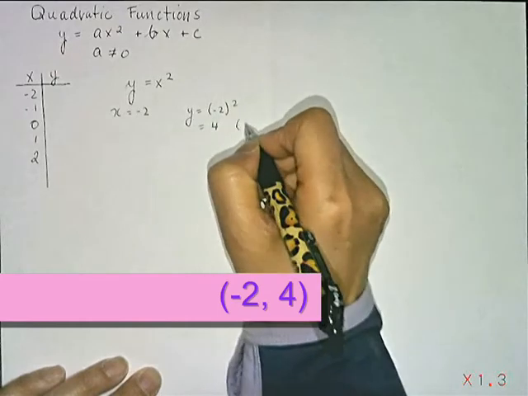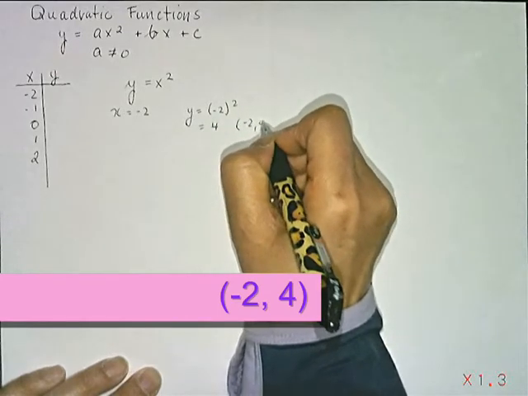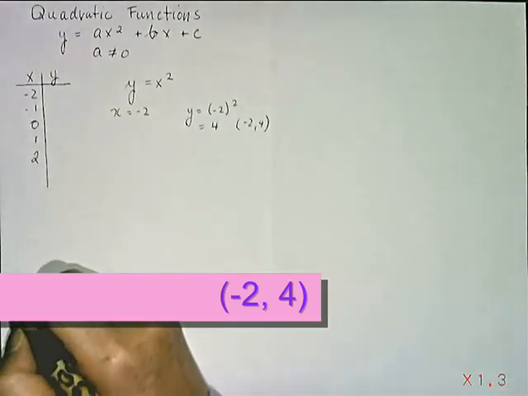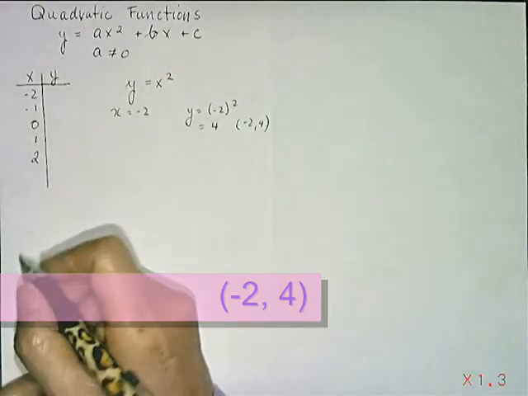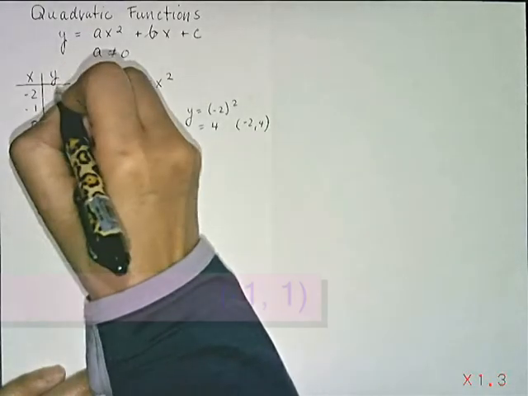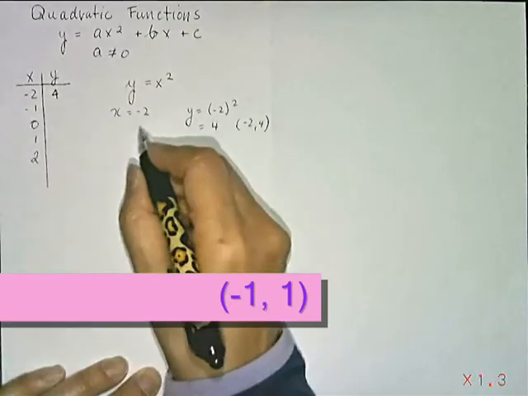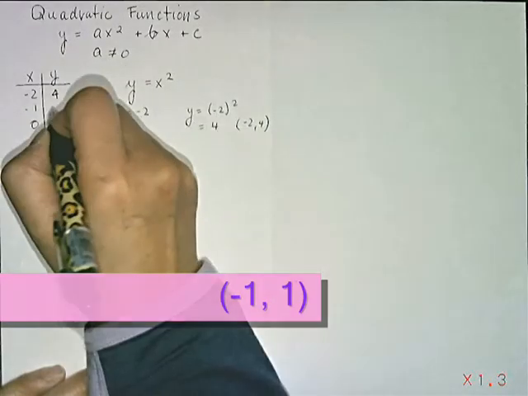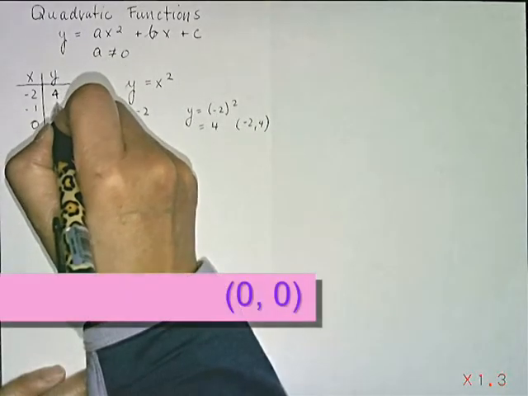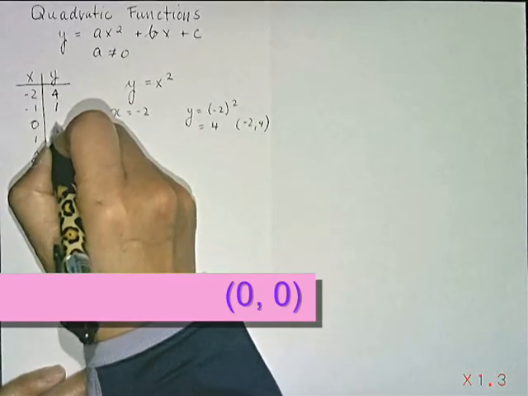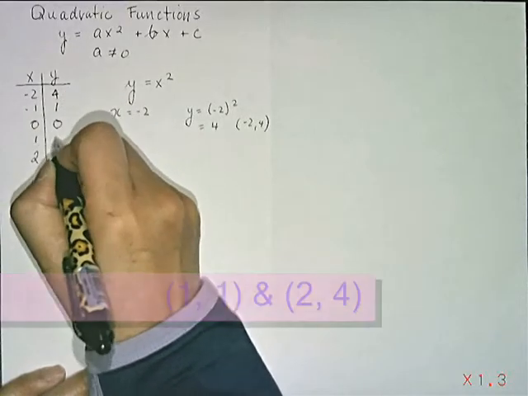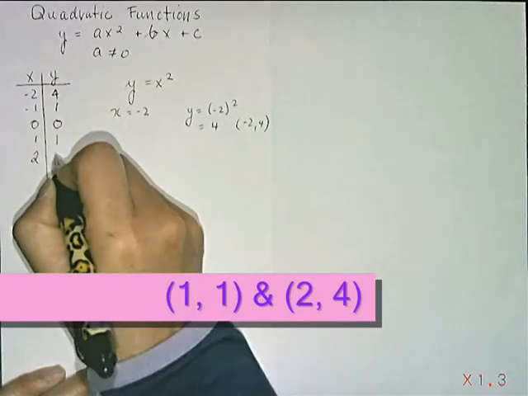So the point -2, 4 is on the graph of this relationship. Okay, so this is 4. If we square -1, -1 times -1 is 1. 0 times 0 is 0. 1 times 1 is 1, and 2 times 2 is 4.